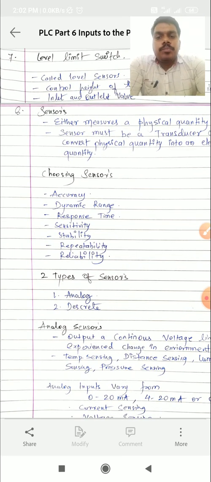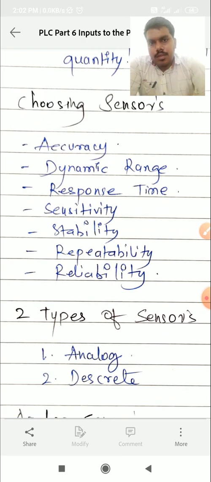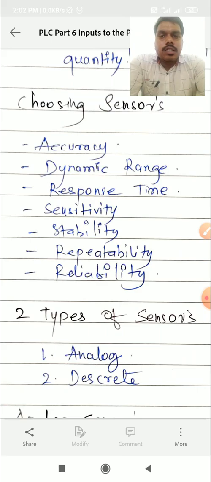For choosing sensors, what qualities should the sensors have? These are the points. The accuracy of the sensor should be high. Accuracy means how accurately the sensor is capturing the data and sending it to the PLC. Dynamic range: at what range the sensor is actually determining the temperature or pressure.